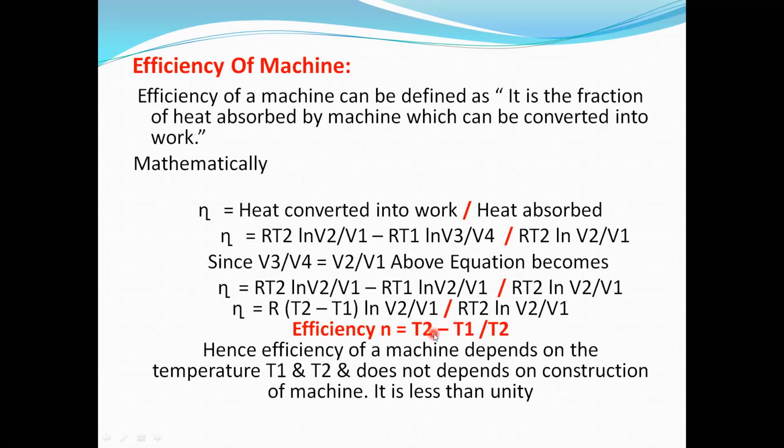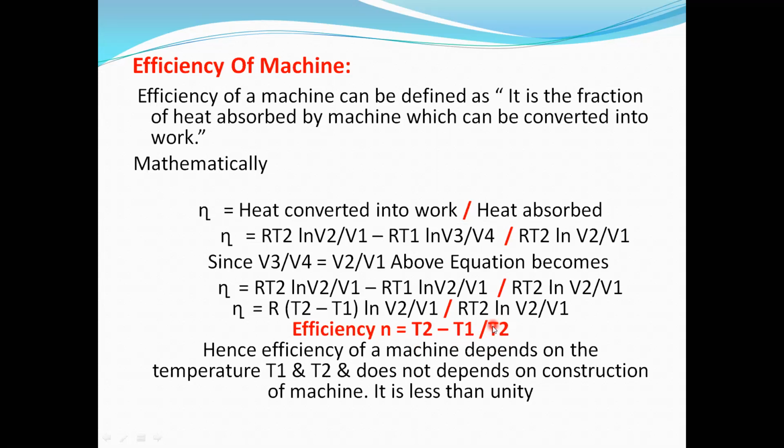Efficiency is equal to T2 minus T1 upon T2. This is a very important equation: when an engine operates between two temperatures, T1 and T2, its efficiency can be calculated using the formula efficiency is equal to T2 minus T1 divided by T2. Very simple. T2 means final temperature, T1 means initial temperature.